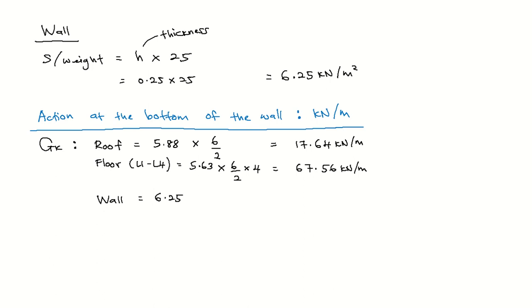Let's change the color. Times with 17.5 plus the stump, this will bring you 115.63 kilonewton per meter. So please bear in mind, this is the height of the building. Oh, sorry, we are not dividing it with half.